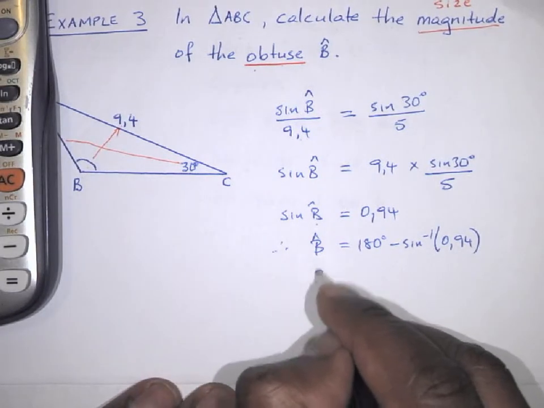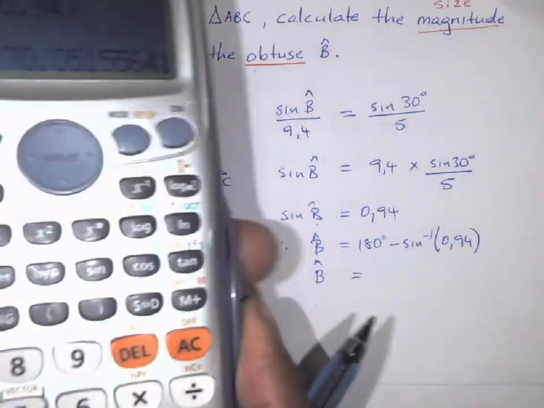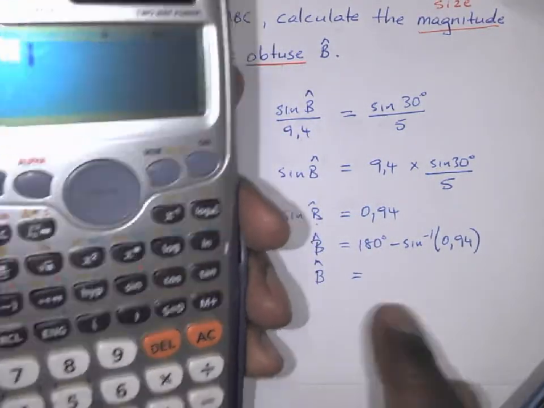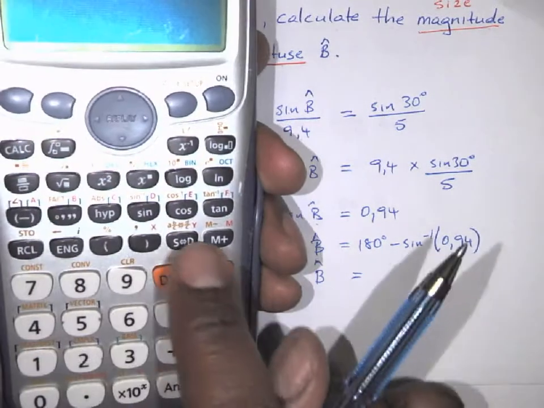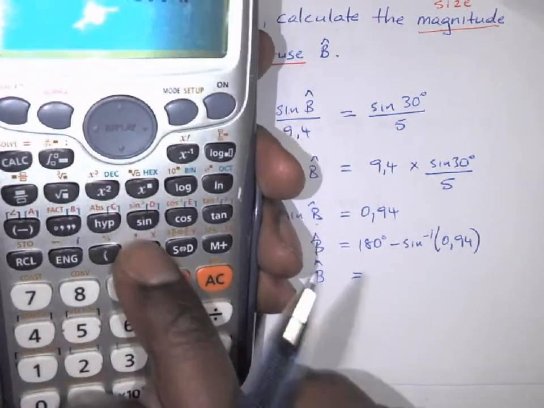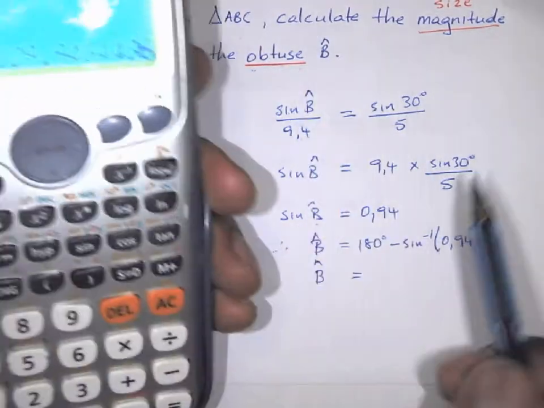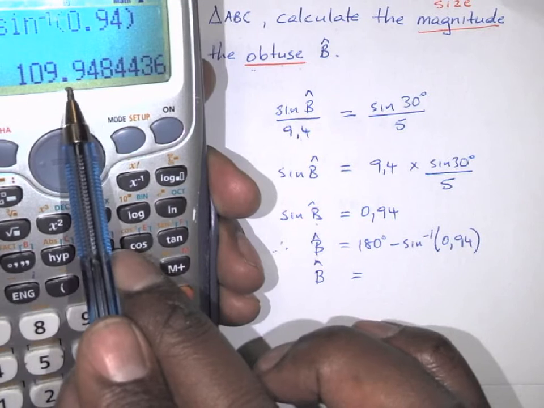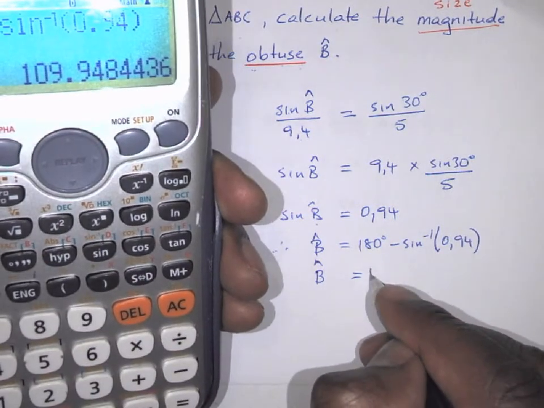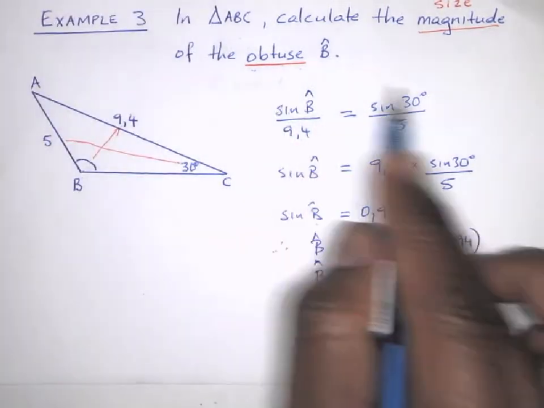So the angle B will be equal to 180 degrees minus a shift of sine, and then I put 0.94, close, and the answer is an obtuse angle that they're looking for. If I round off this number, it is about 110 degrees, which is obtuse.